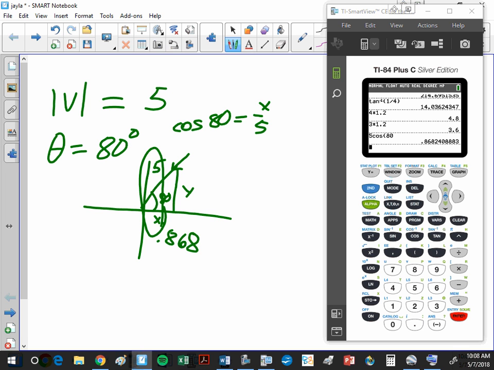Same thing with sine. 5 sine of 80, and what would I expect my answer to be? Lots bigger. It's got to be pretty close to 5. So 4.92. So what is the answer?